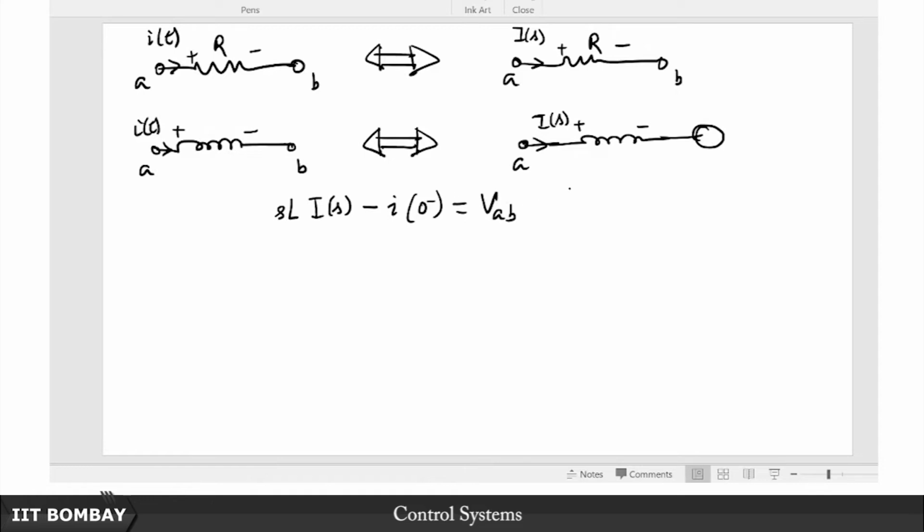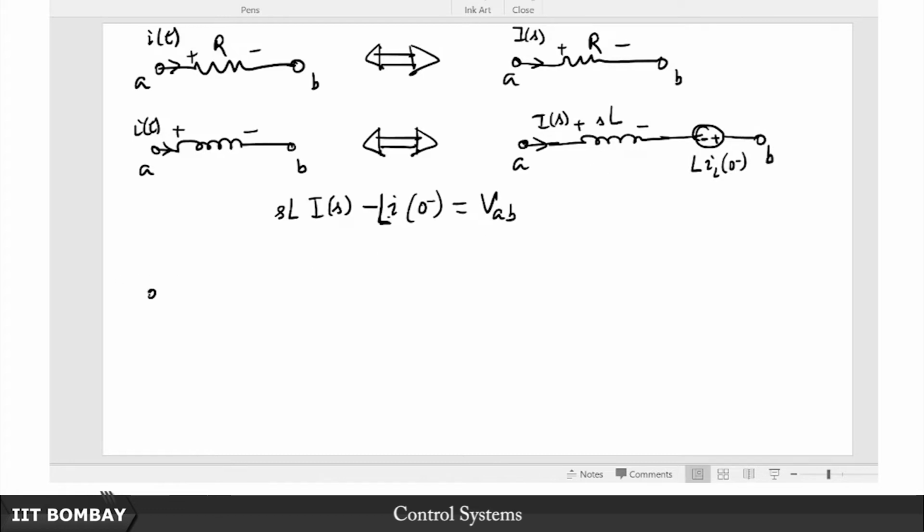What about its polarity? I have missed out this L here for some reason, because it was L di/dt, remember. So this L should have been here. Now, recall that this is a negative sign, so this is going to oppose the polarity. So this is going to be the minus sign, this is going to be the plus sign with L IL(0-). So this is your analogy with non-zero initial conditions.